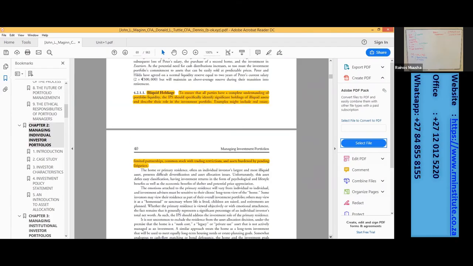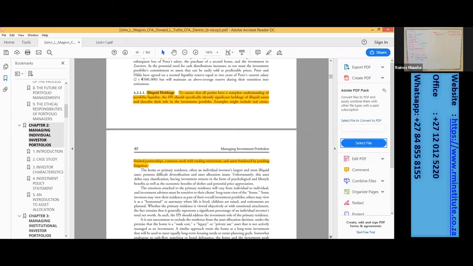Then they also talk about illiquid holdings. They say, to ensure that all parties have a complete understanding of portfolio liquidity, the investment policy statement should specifically identify significant holdings of illiquid assets and describe their role in the investment portfolio. Examples might include real estate, limited partnerships, common stock with trading restrictions, and assets burdened by pending litigation.